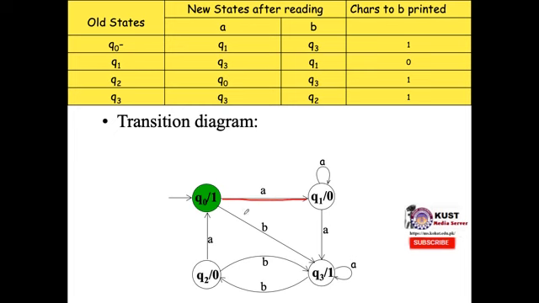And from Q0 reading B, we go here, right? From Q1, this is 0, and we go to Q3, Q1. So this is A, Q3.